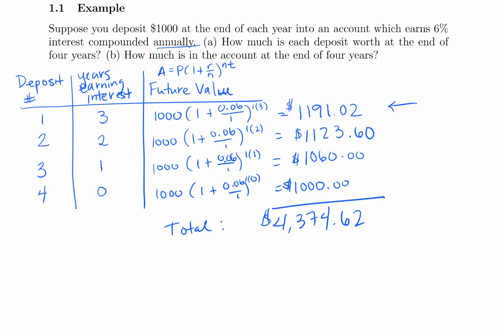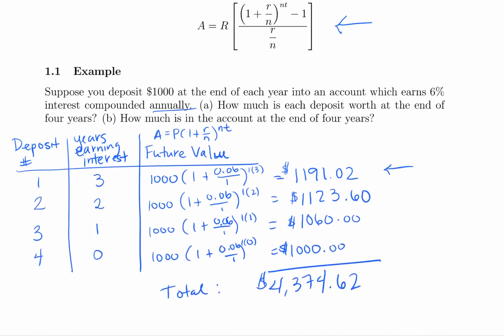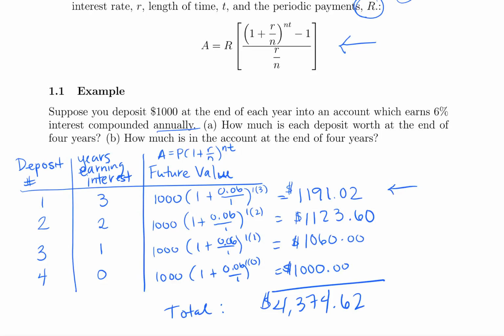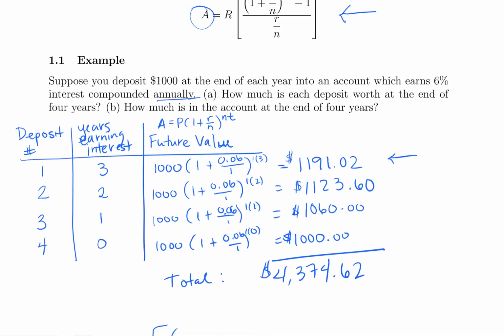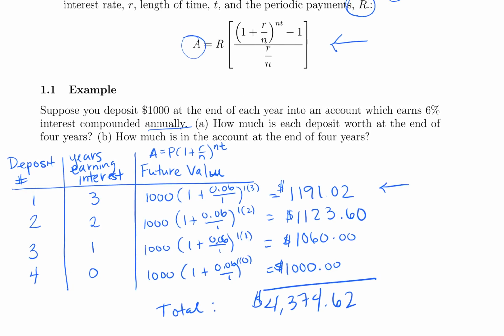So instead, we could use our formula. Let's go back up to the formula. The future value of our account should be $4,374. So let's set this up according to the formula. The first thing we need is the periodic payment, which is $1,000, and then we multiply by the numerator, which is 1 plus little r over n raised to the nt, minus 1.